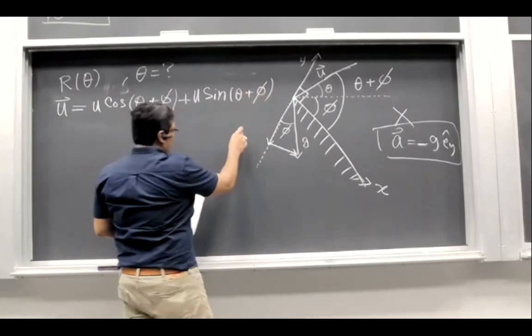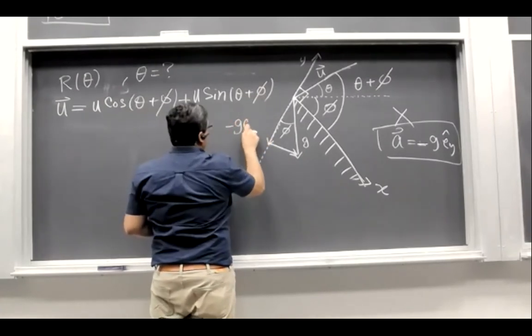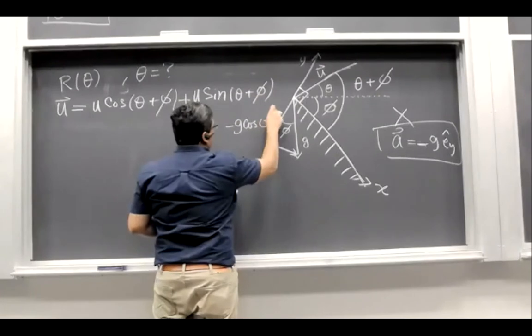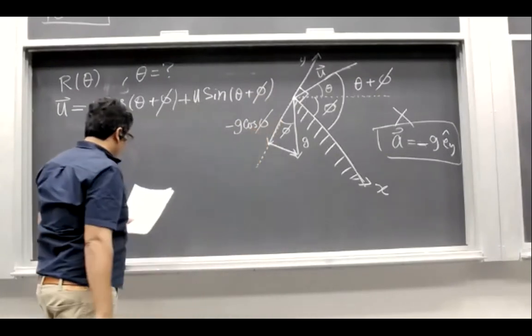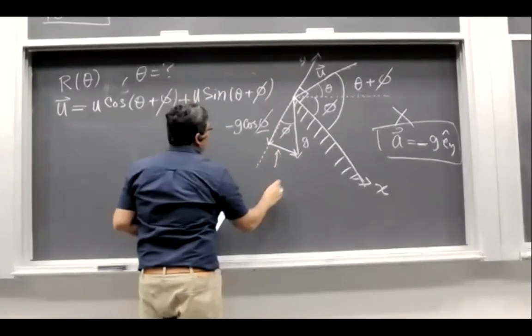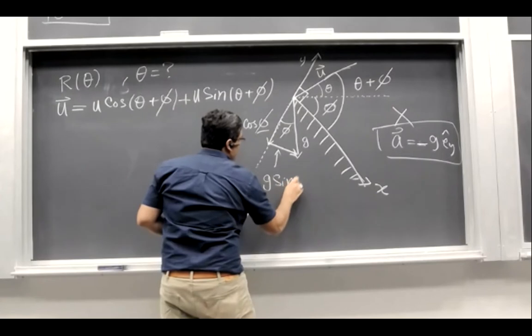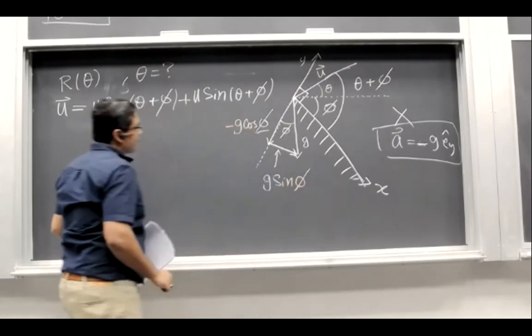So the y component would be minus g cosine phi, and the x component would be g sine phi.